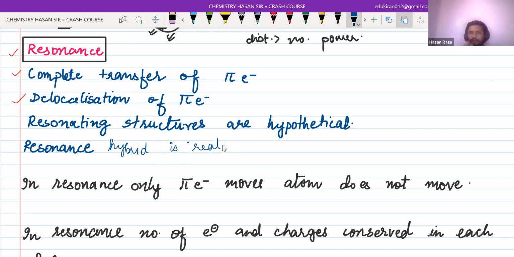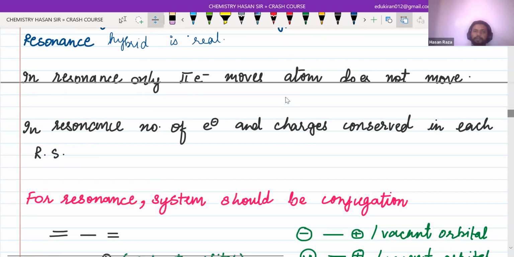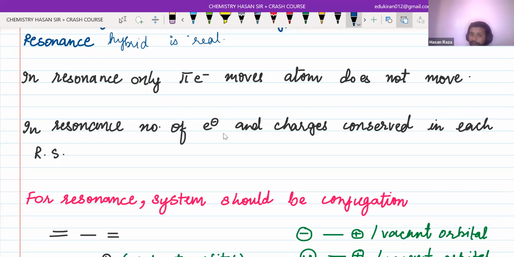What I want to say is that this resonance hybrid is drawn with the help of all the resonating structures, and this resonance hybrid is real. Okay, and I have also written here that in resonance only pi electron moves, atom does not move, and also in resonance number of electron and charges are always conserved in each resonating structure.